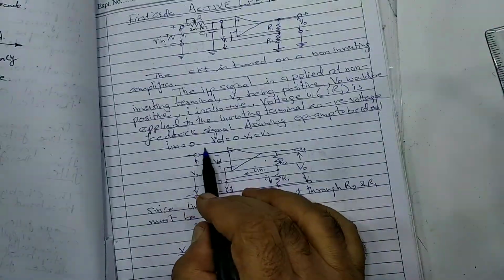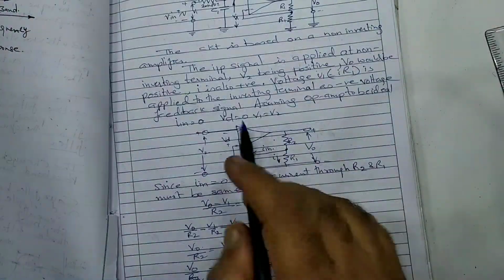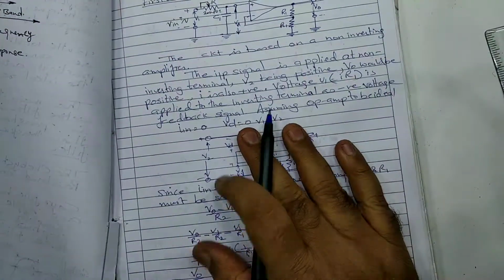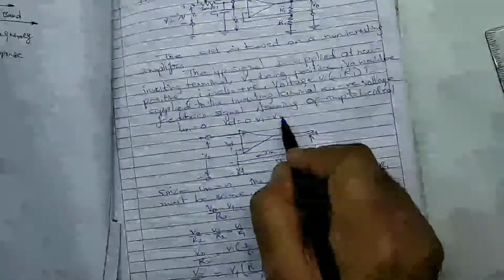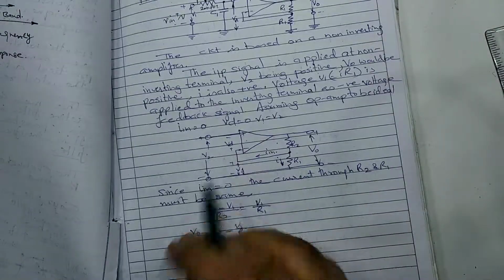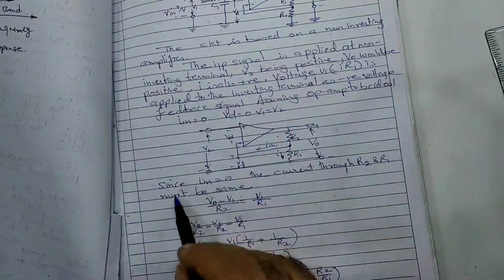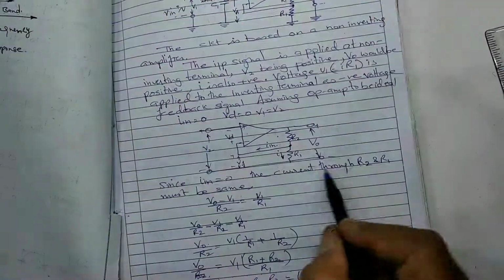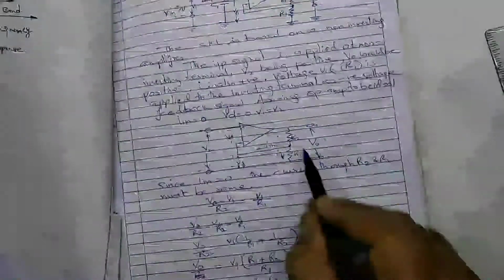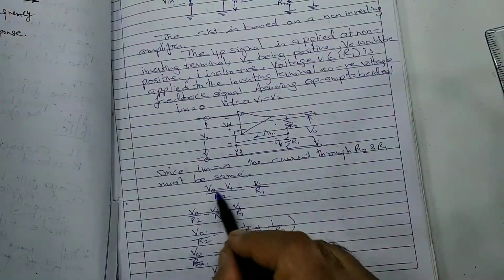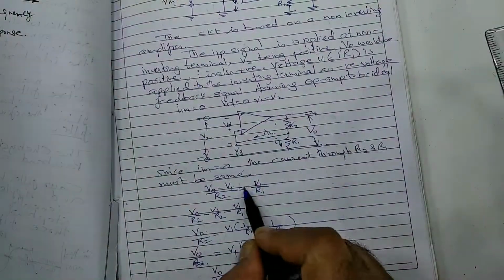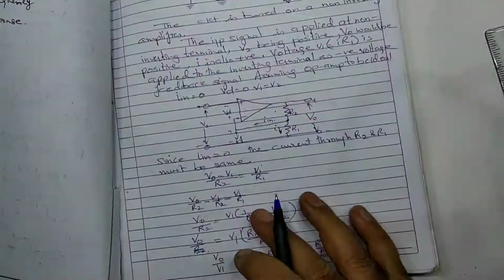So I in is equal to 0, Vd is equal to 0 since V1 is equal to V2. Vd is the difference signal where V1 is equal to V2, therefore the difference signal is equal to 0. Here we can see, since I in is equal to 0, the current through R2 and R1 must be the same. So (VO minus V1) upon R2 is equal to V1 upon R1.